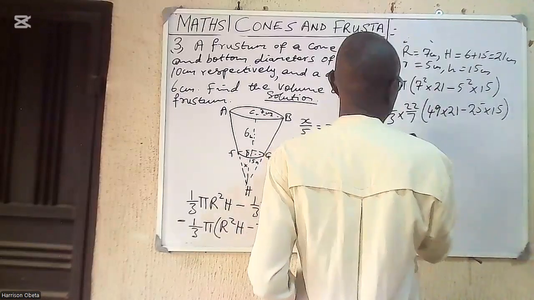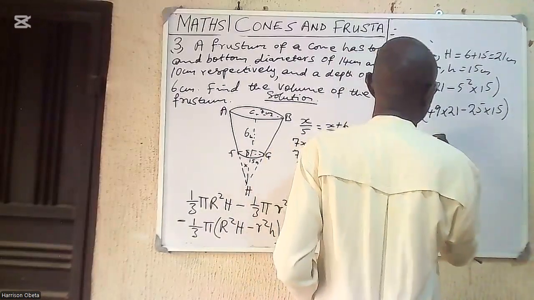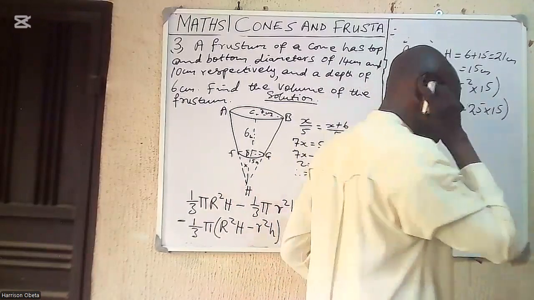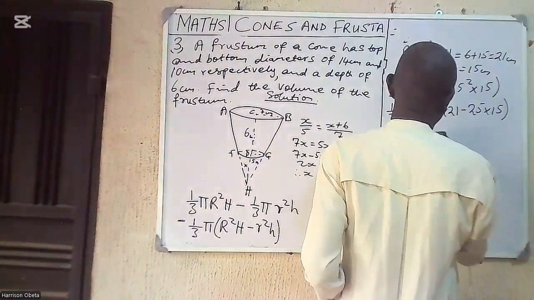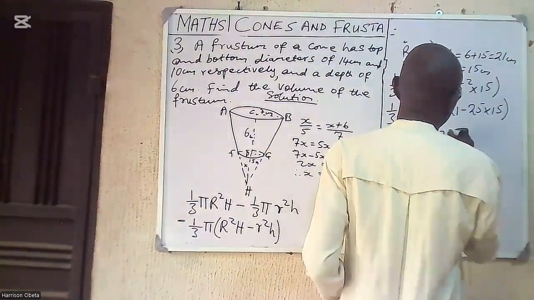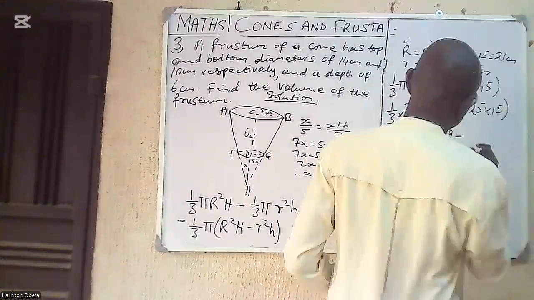And that will give us 22/21 into 49 times 21, which is 1029, minus 375.